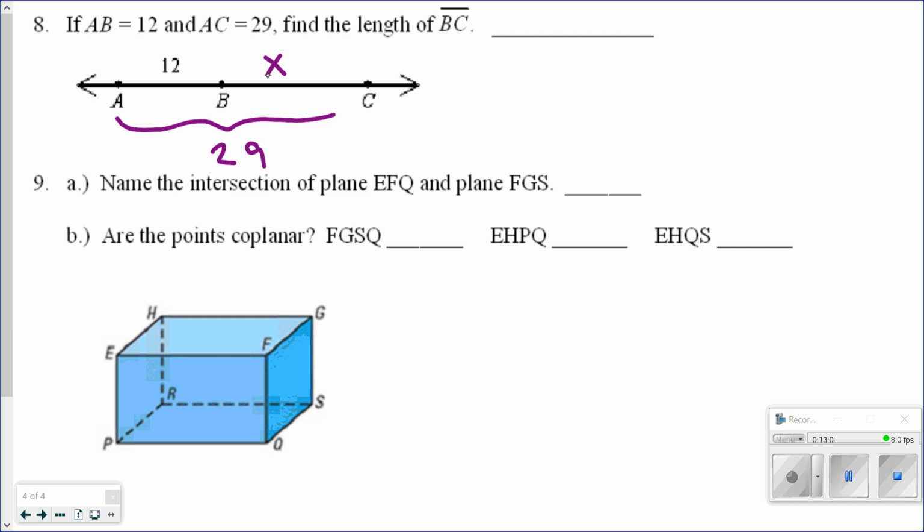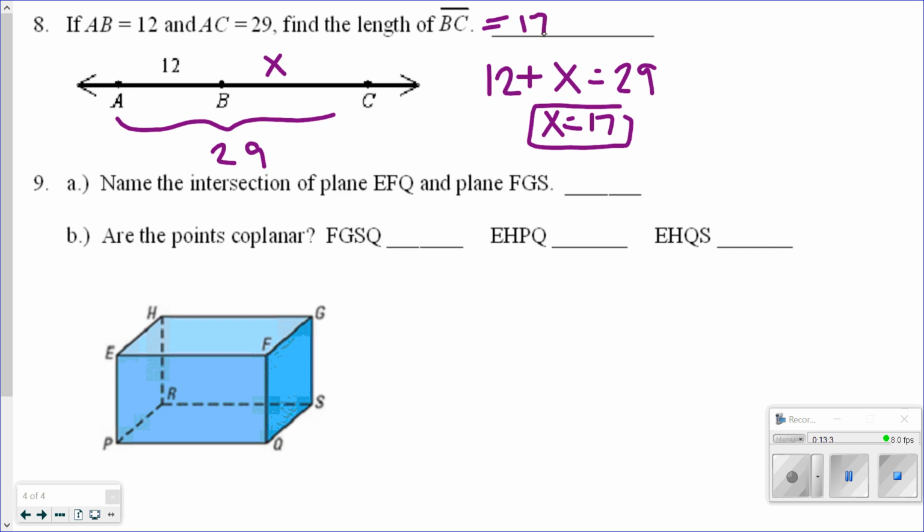So the part plus the part equals the whole. So one part is 12. The other part is X. The entire segment is equal to 29. So to solve for X, I just need to subtract 12 on each side. So X is equal to 17. And so BC then is equal to 17.